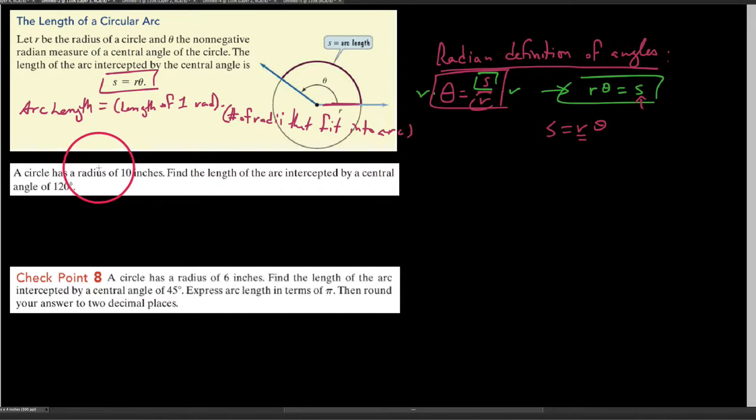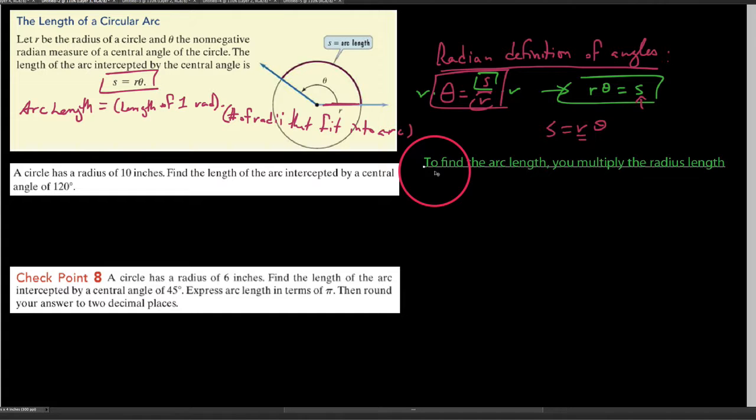One thing to keep in mind, and this is pretty important, and maybe I'll type it because my handwriting is much better when I type: to find the arc length, you multiply the radius length by the angle expressed in radians.